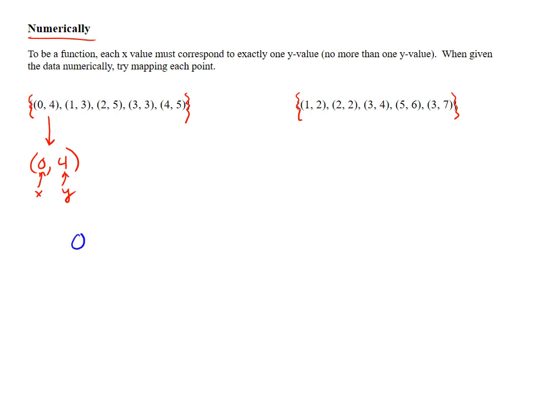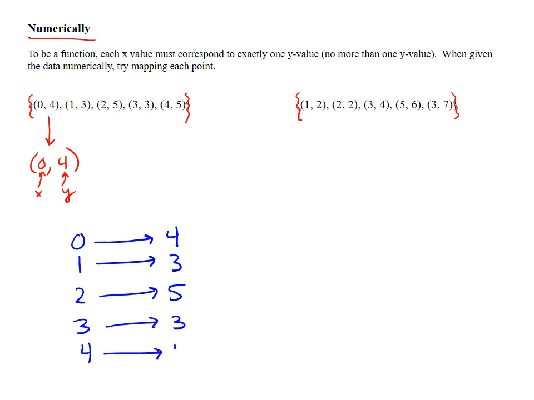So 0 is an x value, it maps to 4. 1 is another x value, it maps to 3. 2 maps to 5. 3 maps to 3. And 4 maps to 5. Now, notice I already had a 3 and a 5 here, so sometimes people prefer to show going up to the value you already had written.